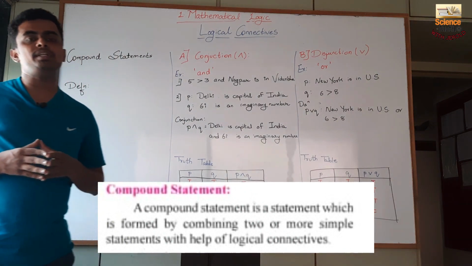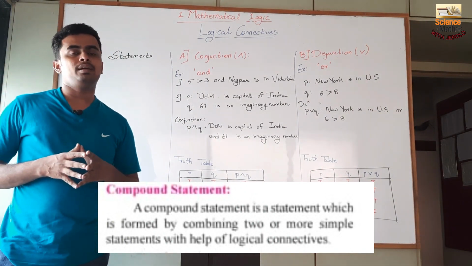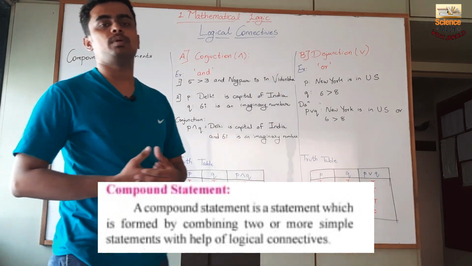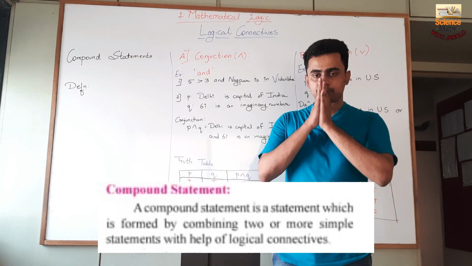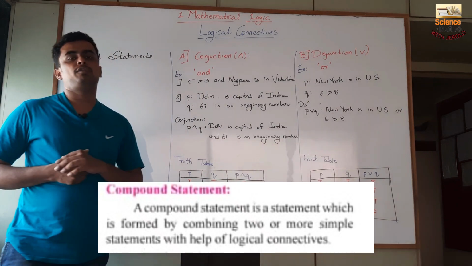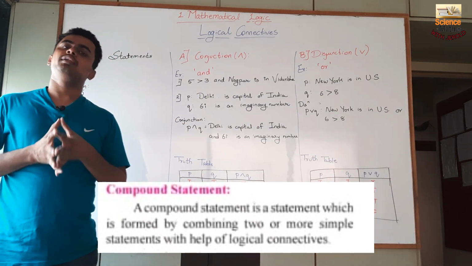When two simple statements are connected to each other with a connecting word, that is either and or but and other such words, then that statement becomes a compound statement, which means a combination of two simple statements to form a new statement.